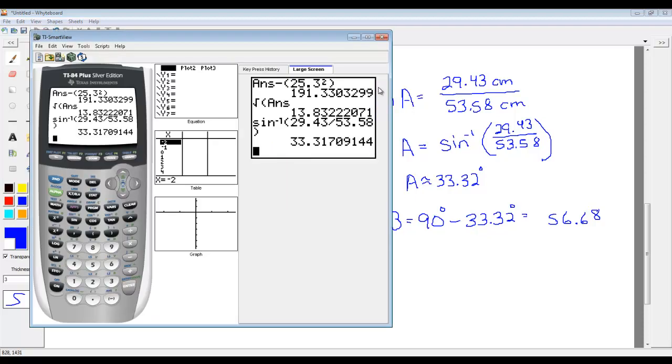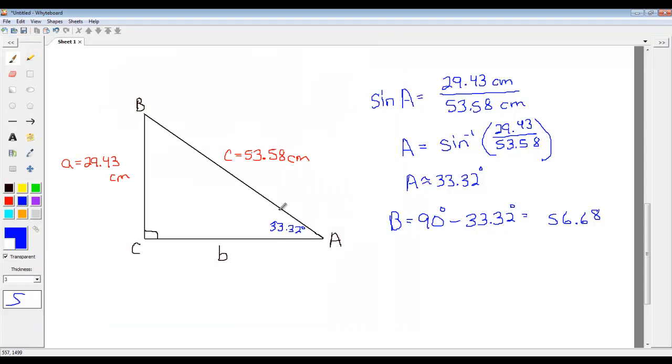Yes. Yeah, 29.43 divided by 53.58. So yeah, we get 33.32 degrees. Well, then from there, subtract. Now we get angle B is around 56.68 degrees.